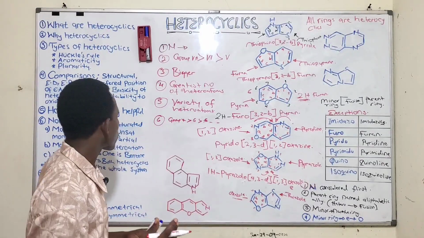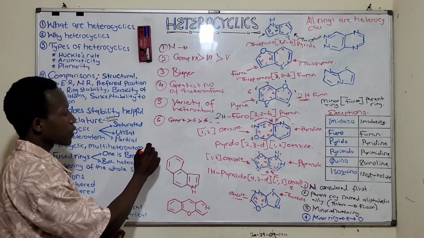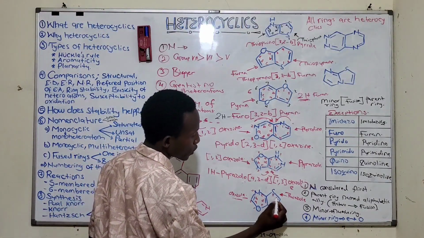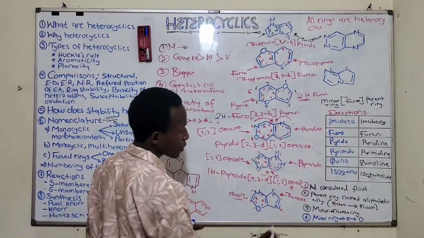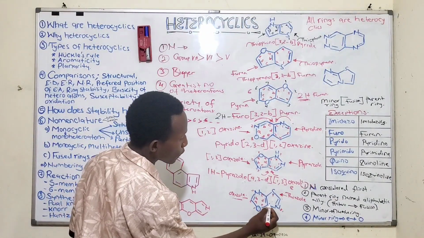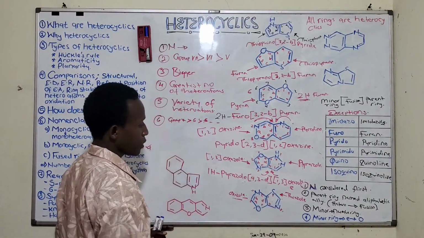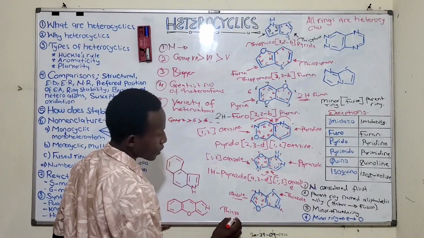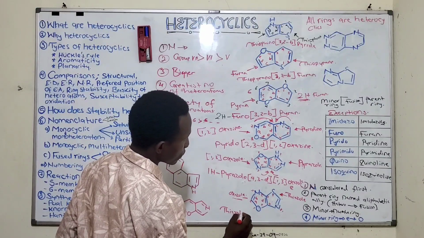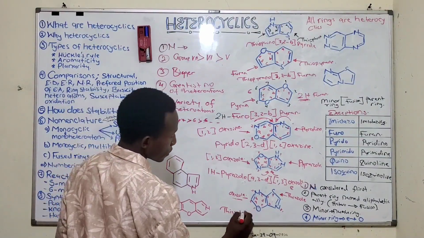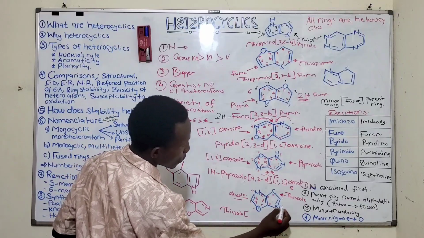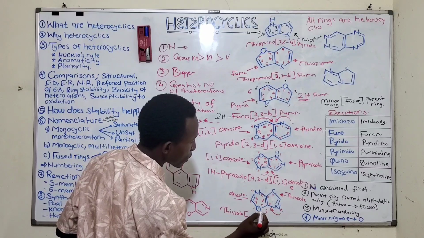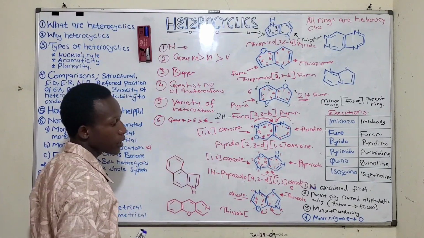And remember, numbering, we talked about it. Please watch that video before this. This one is position 1, this is 2, this is position 3. Let's see, then 4 and 5. So it will be thiazole, then fusion is at, so this one is moving this direction, then for this one is moving this direction, they're in different directions.